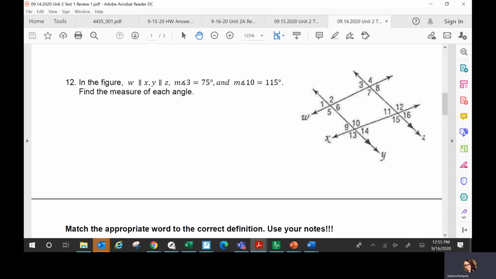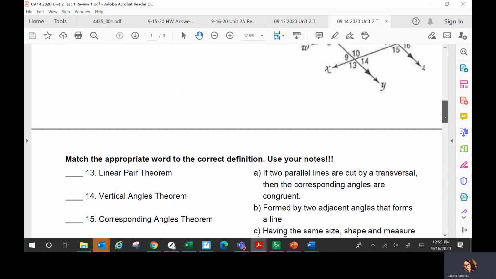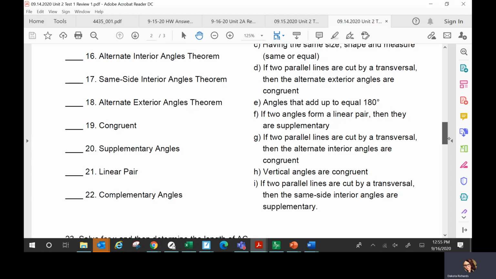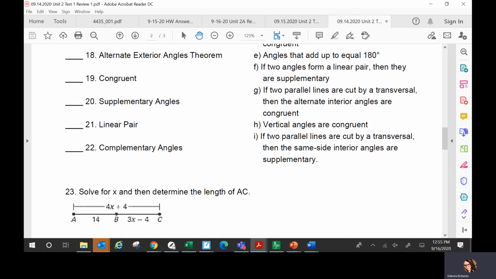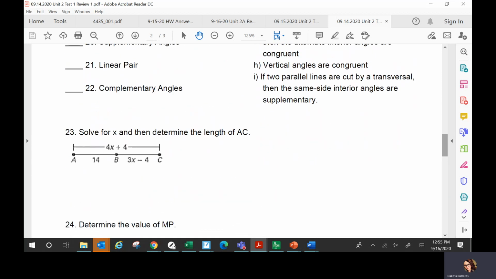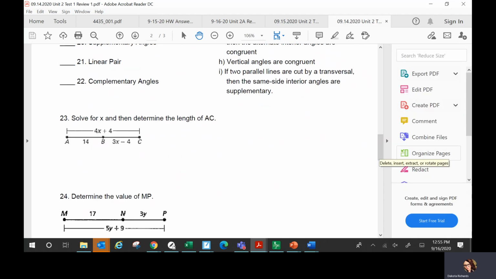This should say 105 on your paper. On 13 through 22, I want you to cross out number 22. There is no definition listed for complementary angle, so you can just cross out number 22.